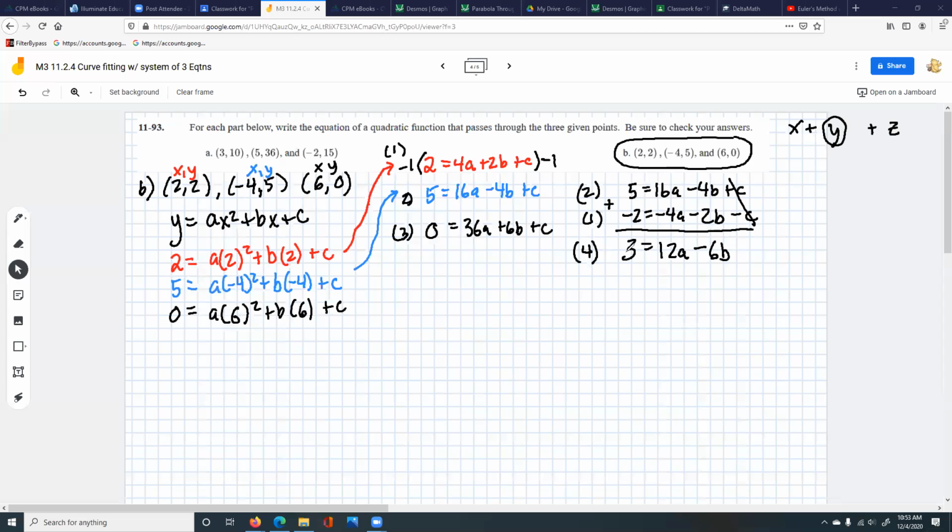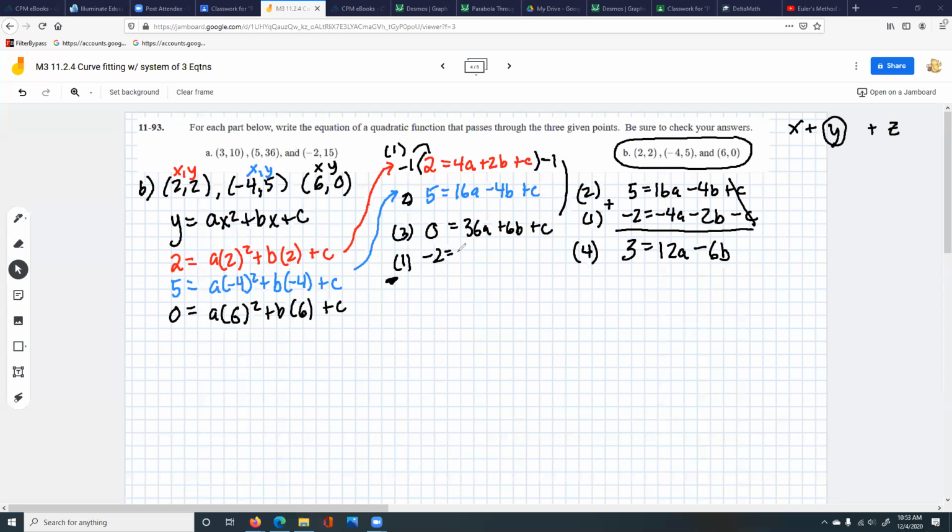I need to get equation 5 with an a and b in it, right? So I added 1 and 2. So now I can add 1 and 3, right? I can do these two next. Can I put 1 right below this 3? I'm being a little lazy here, so I don't have to write it all out again. 1 times negative 1 times all this is going to be the same as this.